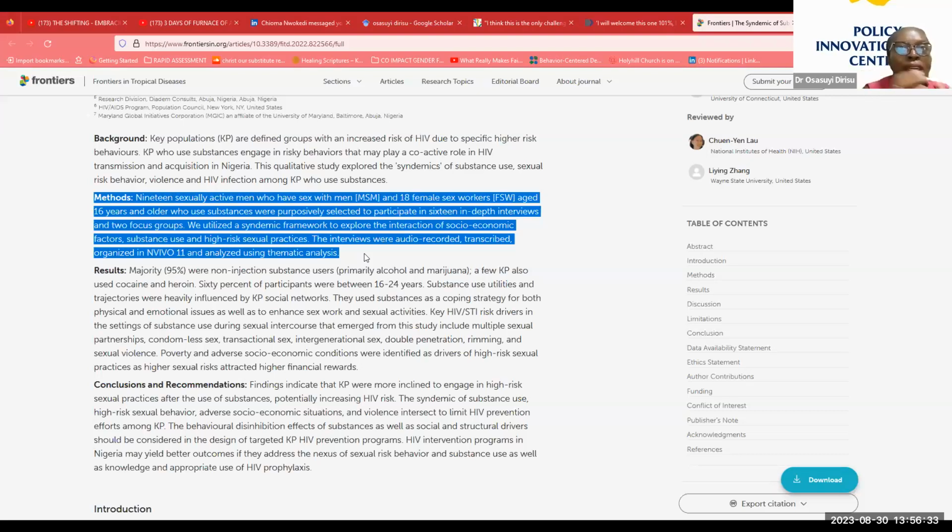So you see how to bring conciseness to your work. I needed to talk about their ages, I needed to talk about who they were, so I said age 16 and older. What was peculiar to them? They all use substances. How did I select them? Purposively. And what did they do to participate? 16 in-depth interviews and 2 focus groups.